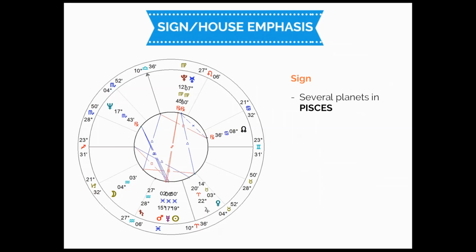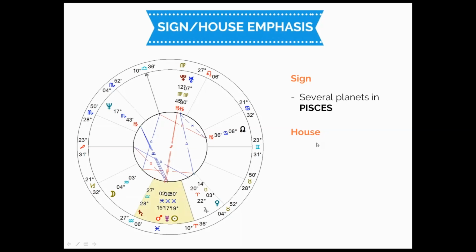It's often a musical or artistic sign, interested in dance, film, photography. It's a very rich and complex sign. But we know a lot of these things that I just mentioned are probably important in the life of a person who has several planets in Pisces.